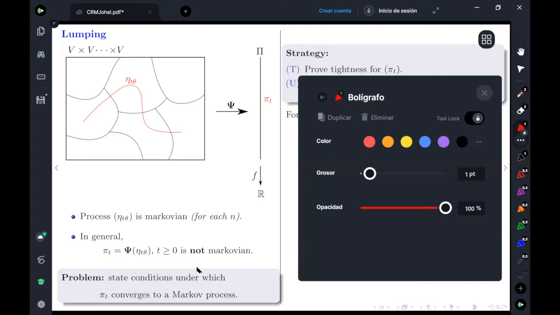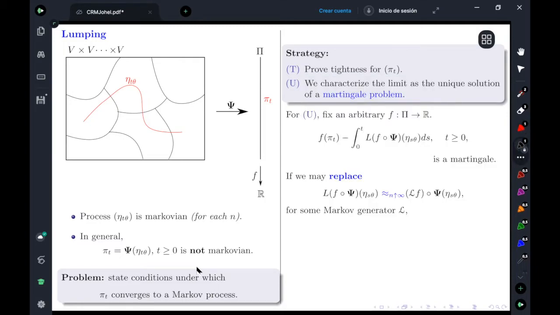The key point in the implementation of the martingale approach is to replace this expression inside the integral by this other expression, in which you see that there appears this operator, which is applied directly on this, and which is in fact a martingale.